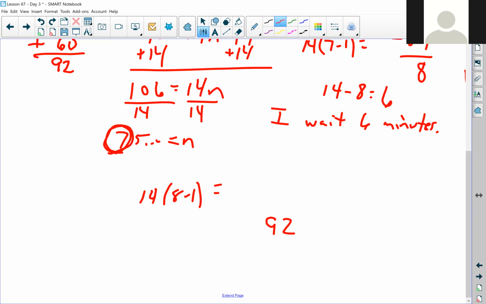This would mean that at the 98th minute of the trolley's run, it'll get back to that stop. Subtract, you get the same answer. You get the 6 minutes. So it's just whichever method you prefer in this case. This one's a little more direct. Sometimes it's a little bit easier.